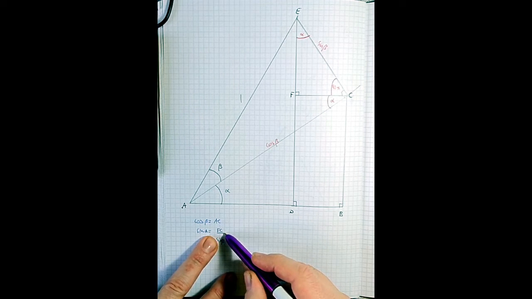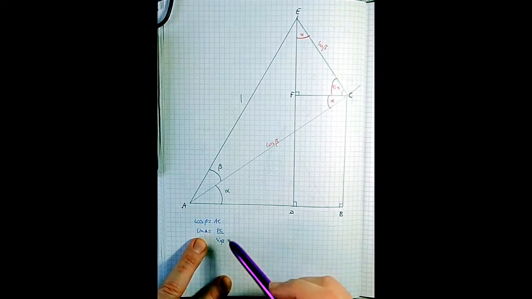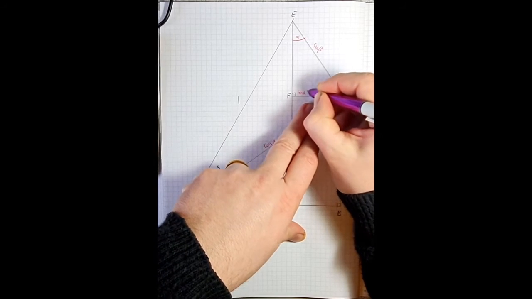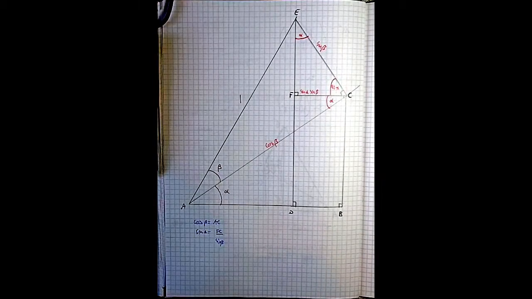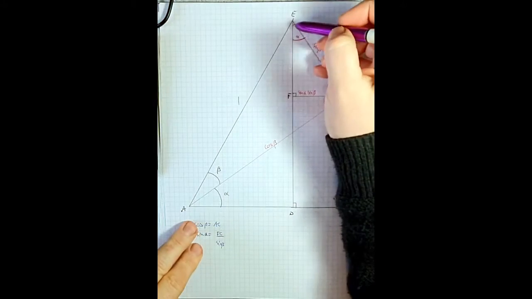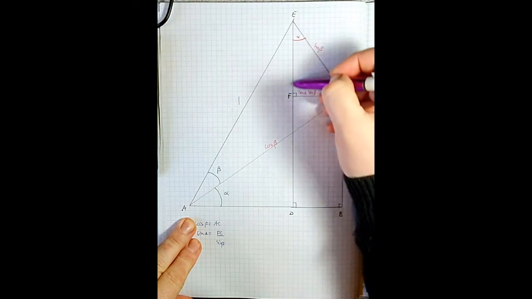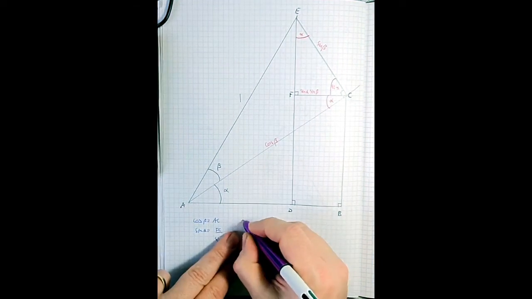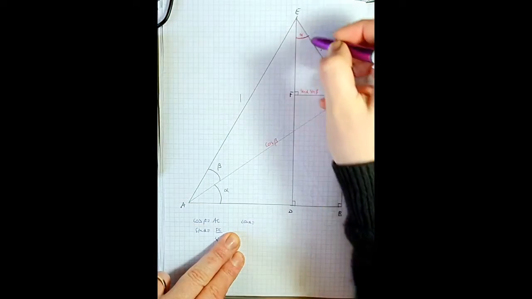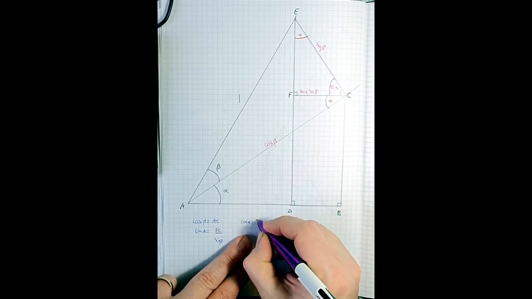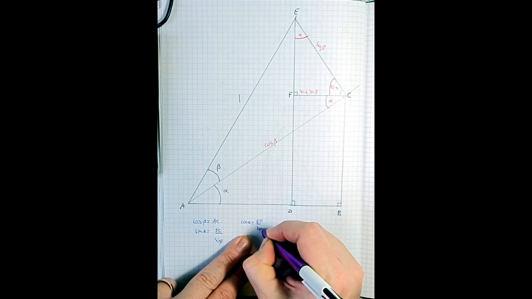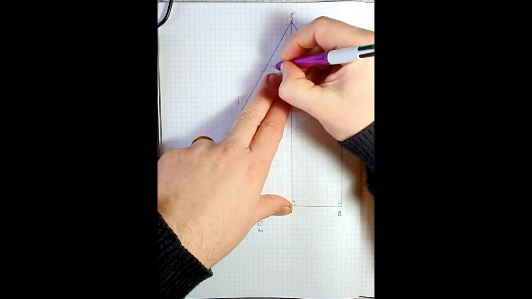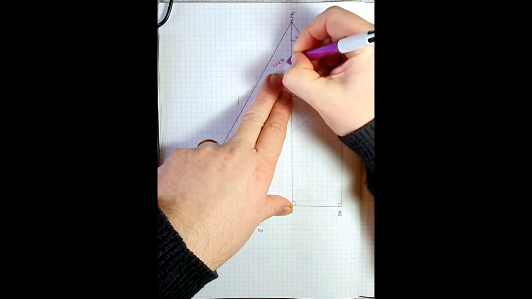So FC must be sine alpha sine beta. And I can get an expression for EF because cos alpha is EF over sine beta. So EF must be cos alpha sine beta.